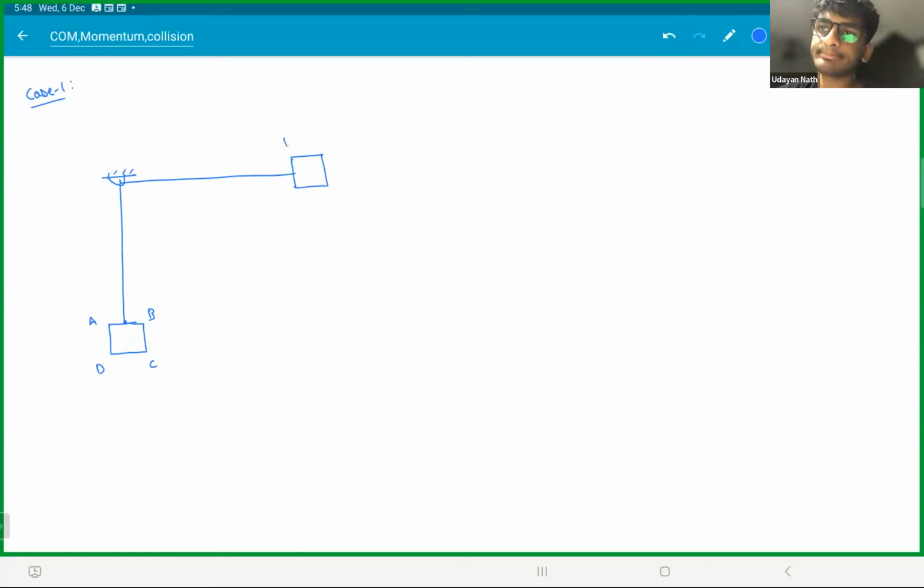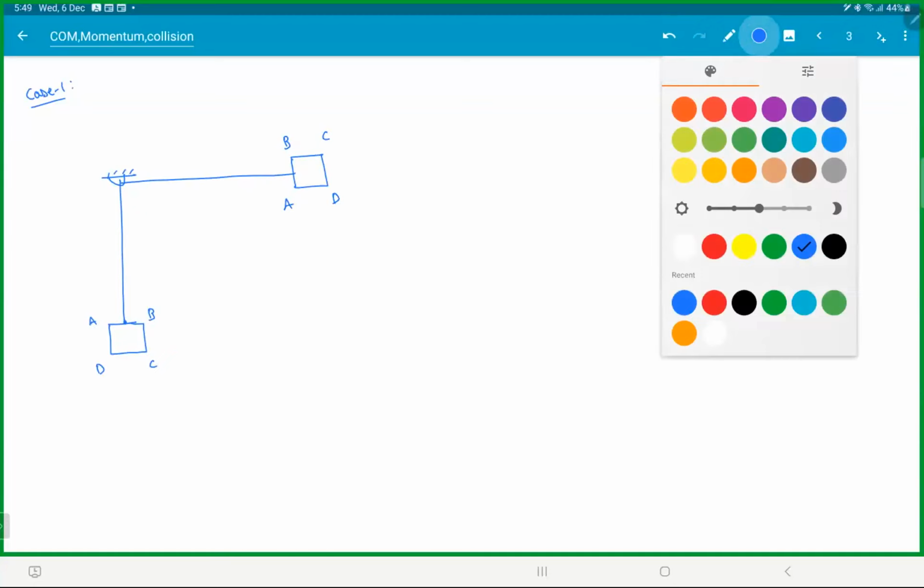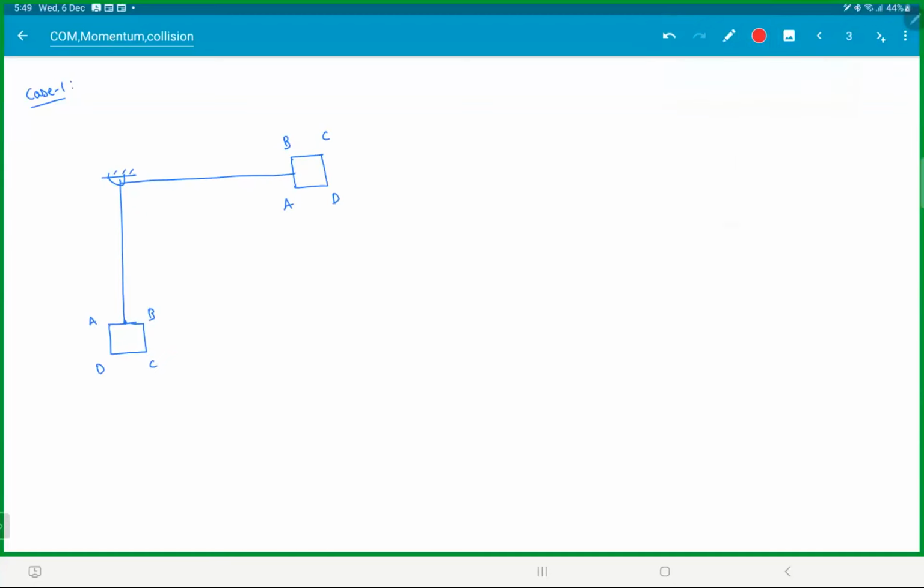B. That is B, C, D, and A. So if you try to plot this, look at this. B has gone like this. A has gone like this. C has gone like this. D has gone like this.